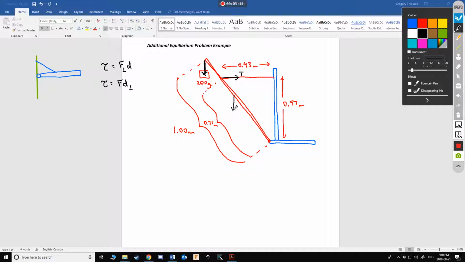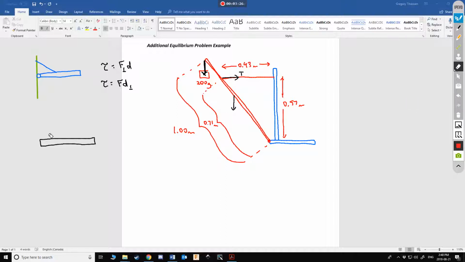So before we approach this question, we must first recognize one thing. If I have a beam this long, and I'm exerting a force on it to cause it to rotate, so it's pivoting around this point, this force is going to cause this beam to rotate.